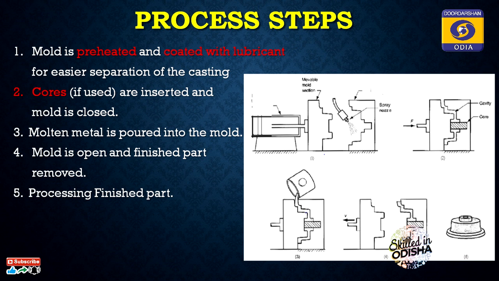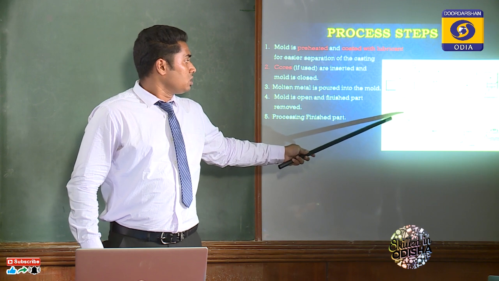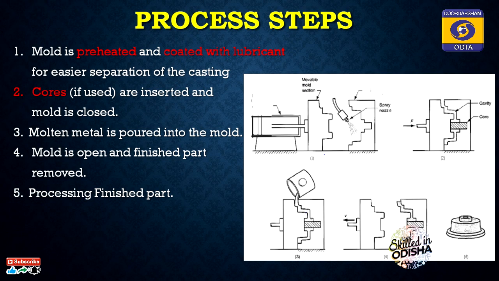After nozzle spray coating, both the mold halves are closed, and if we require any core, then core is used inside the casting process. After that, molten metal pouring is done through the mold cavity to fill the cavity with liquid metal. This is the mold cavity, you can see.